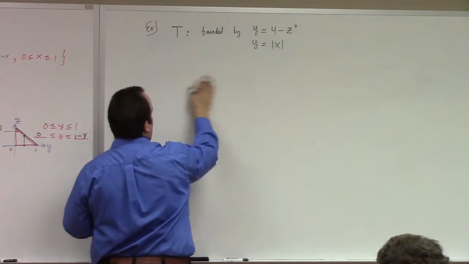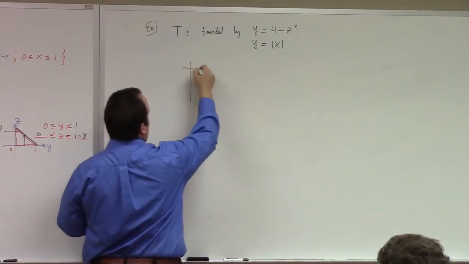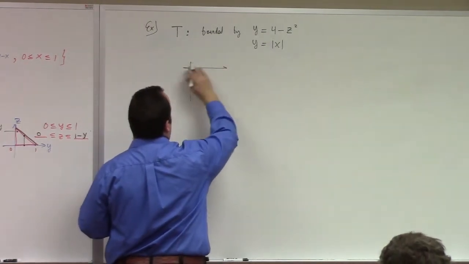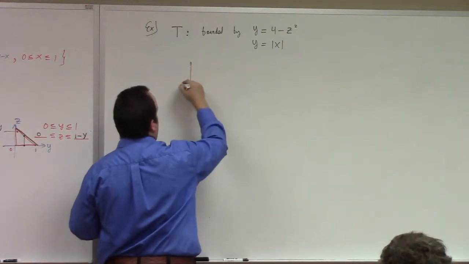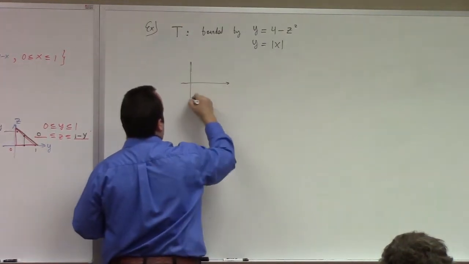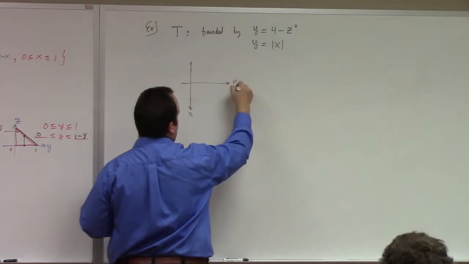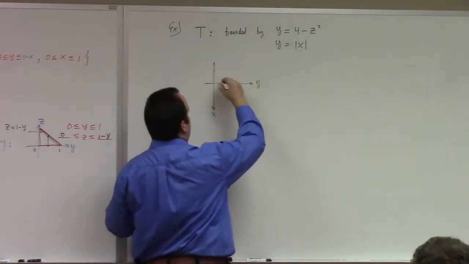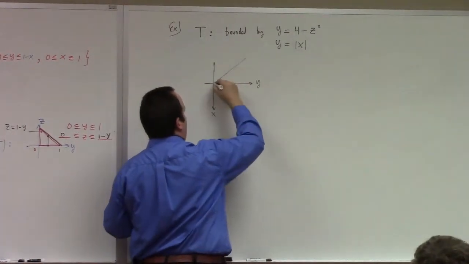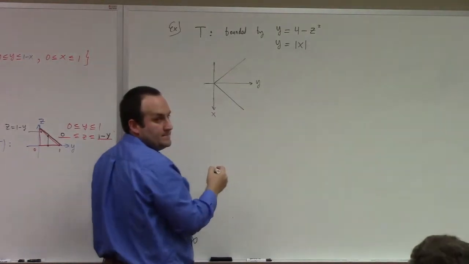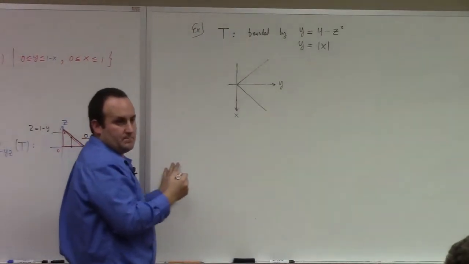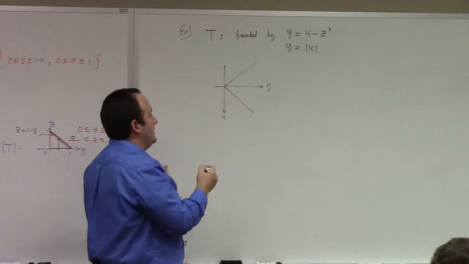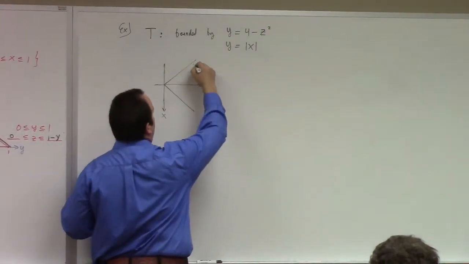So let me draw a couple pictures. First of all, I'm going to draw a picture. It's kind of a little bit weird. Here's x, here's y, right? So absolute value of x would look like this, right? And here we have x equals to y.